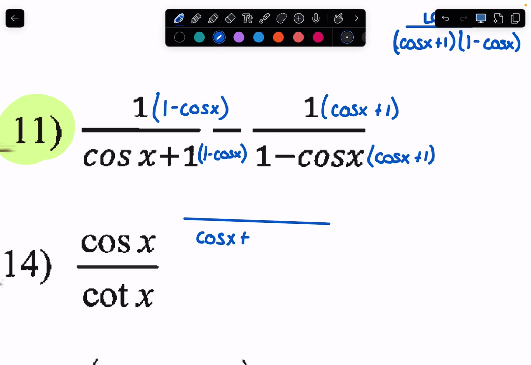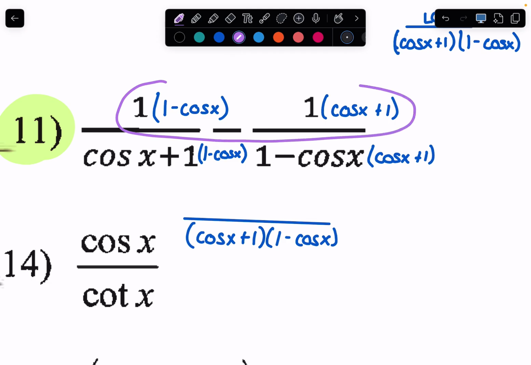Cosine x plus 1, 1 minus cosine x. And I'm going to write this on that line. I'm not going to write the ones on the outside because it does nothing for me, okay? I'll just write them so you can see.